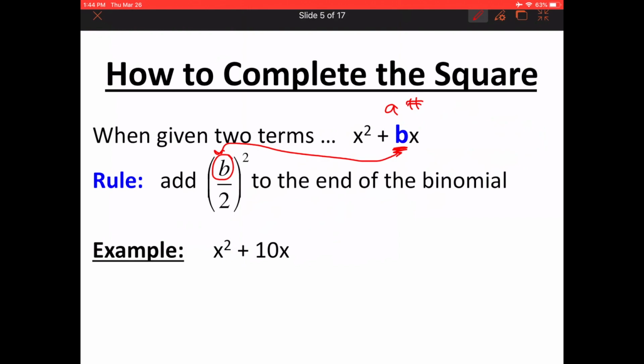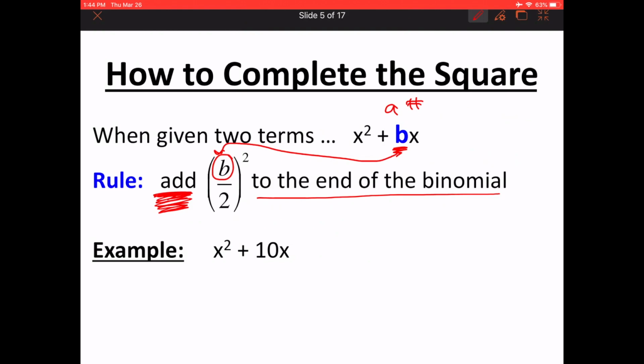So whatever number is in front of x, you divide it by 2 and then you square it, and you always add. So add that final result to the end of the binomial, and that will give you your third term.